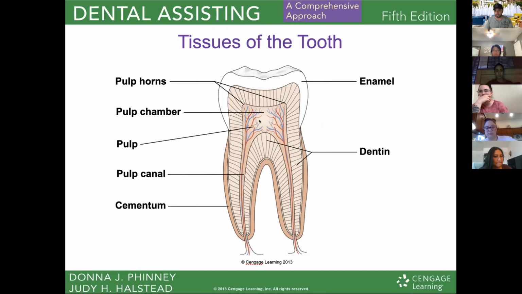As we get older, our teeth aren't as sensitive because that pulp chamber has shrunken down, and there's a lot of that tertiary dentin that's being put between the enamel or the outside environment and the pulp chamber.